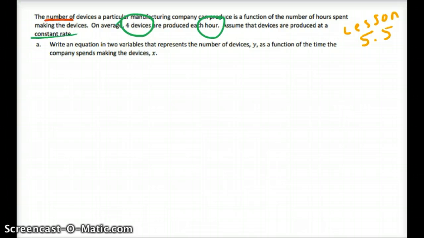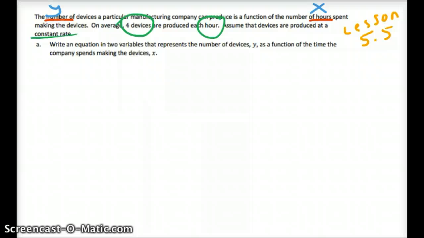And it says the number is a function of the hours spent. So that means hours is our x and the number is our y. Because as a reminder, y is a function of x.